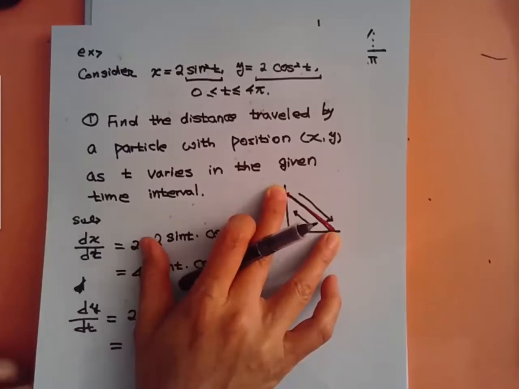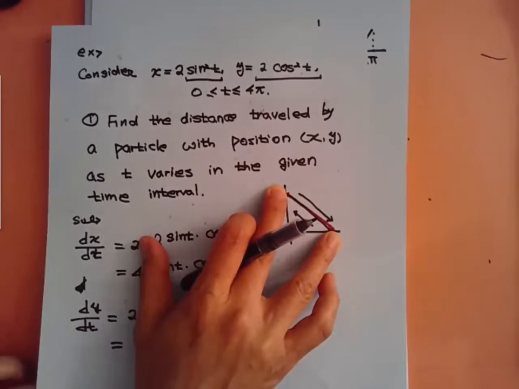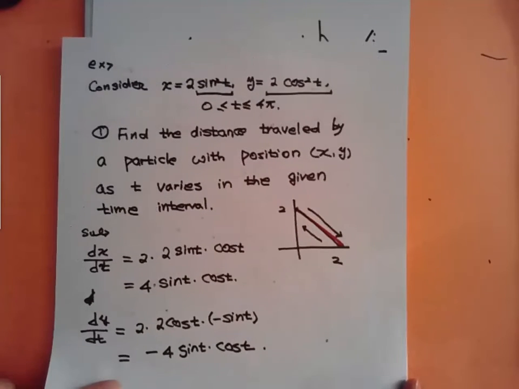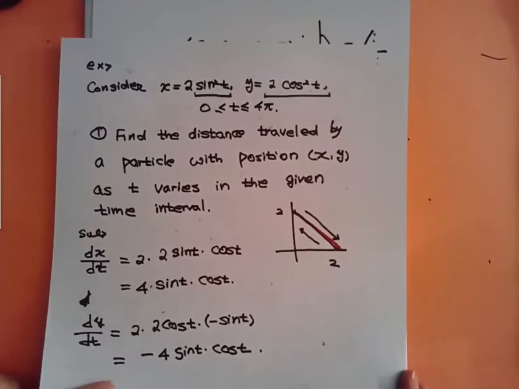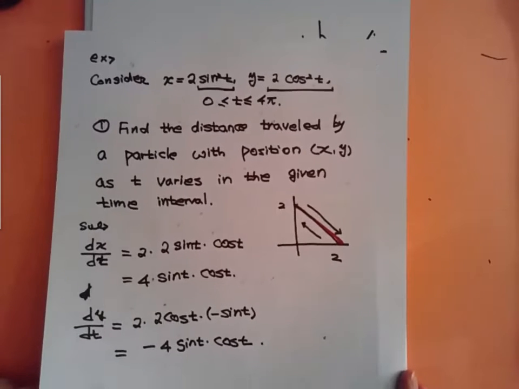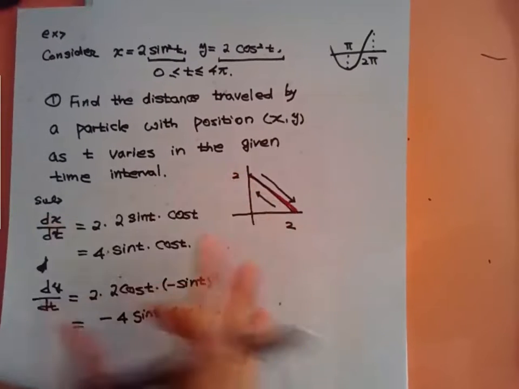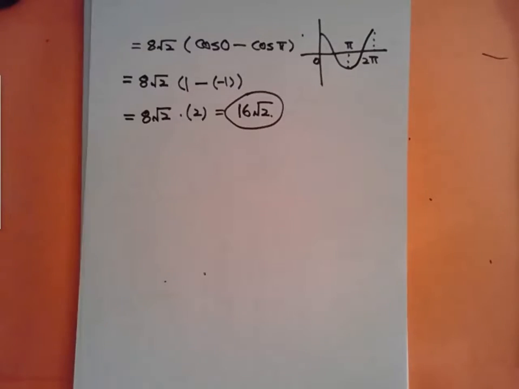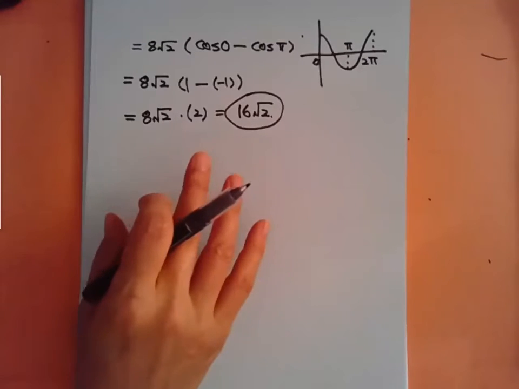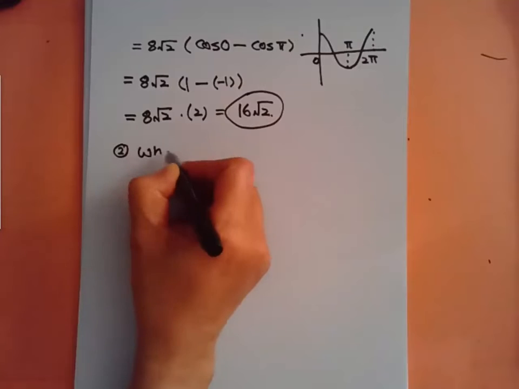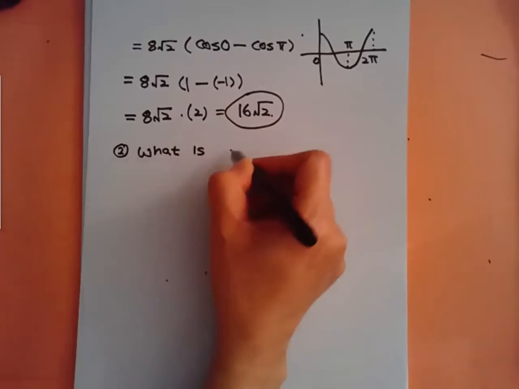And then we will see that the length of the line segment is different from the distance the particle travels. And so this example shows that the arc length of the parametric curve is not the length of the curve. Instead, that is the total length the particle traveled along the curve. So the second question is, what is the length of the curve?